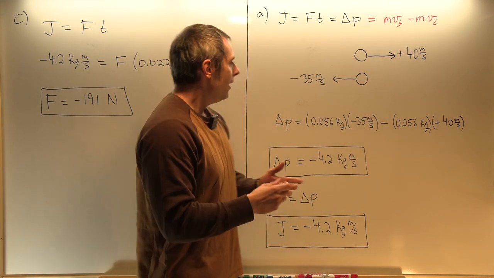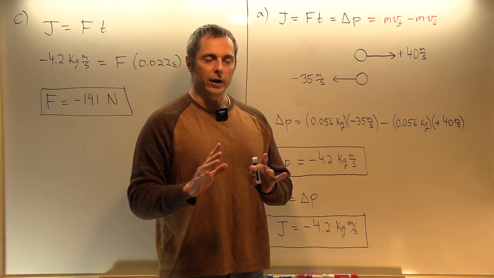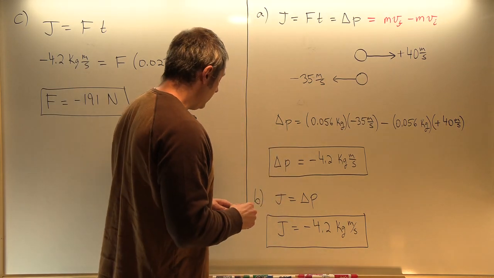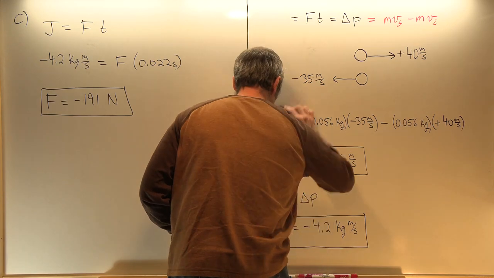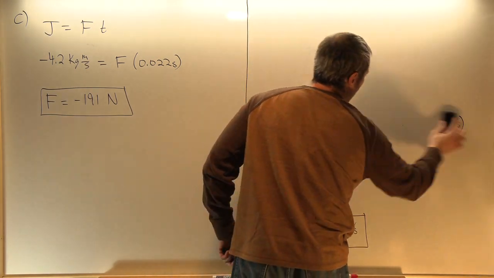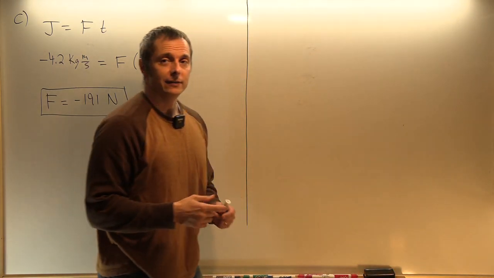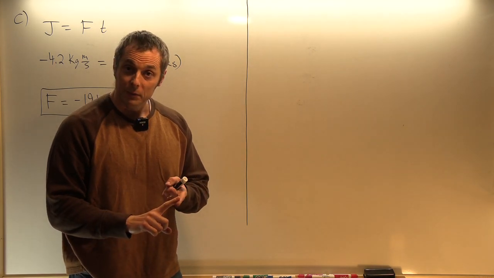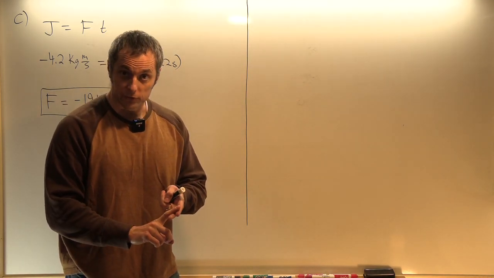All right, so there's our calculation, but I do want to make one final point. We could, in theory, stop here, but I also want to show you, supposing the problem didn't ask for A or B, it did not ask for the change in momentum, and it did not ask for the impulse.